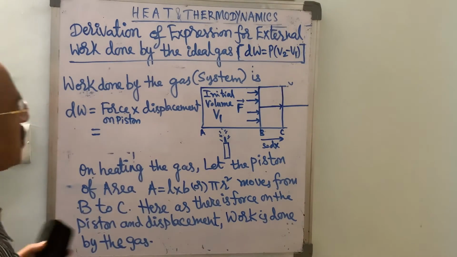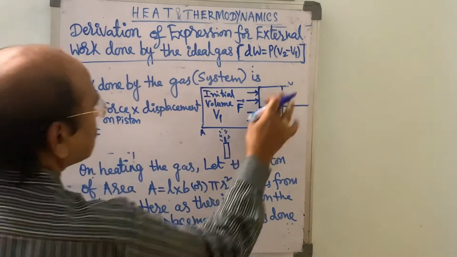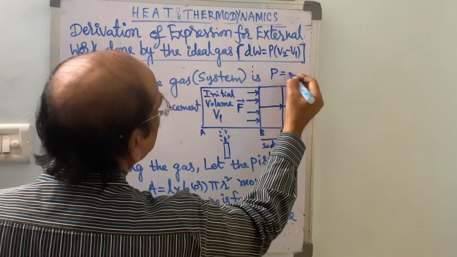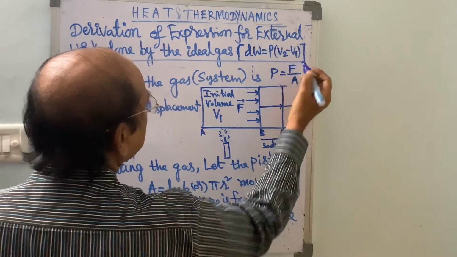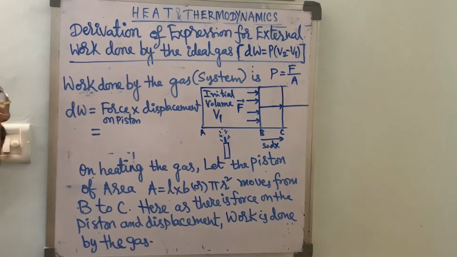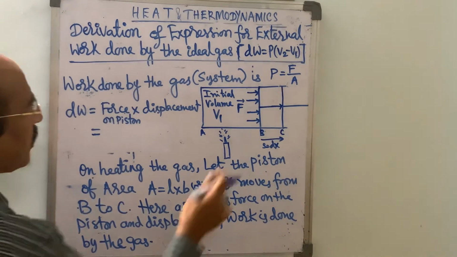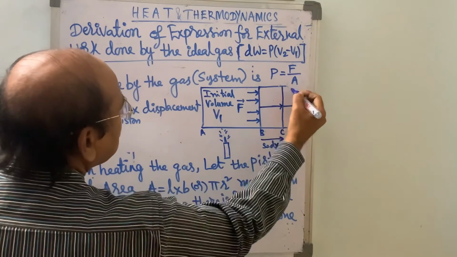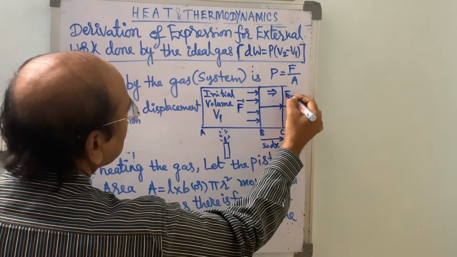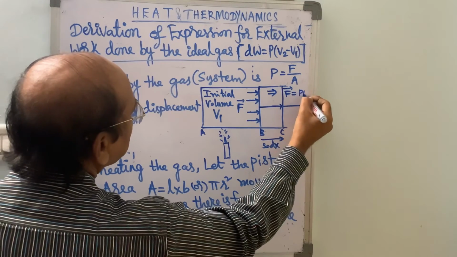Therefore, from the definition of the pressure, P is equal to force per unit area of the piston, force acting on the piston by area of the piston. Therefore, from this F is equal to PA.